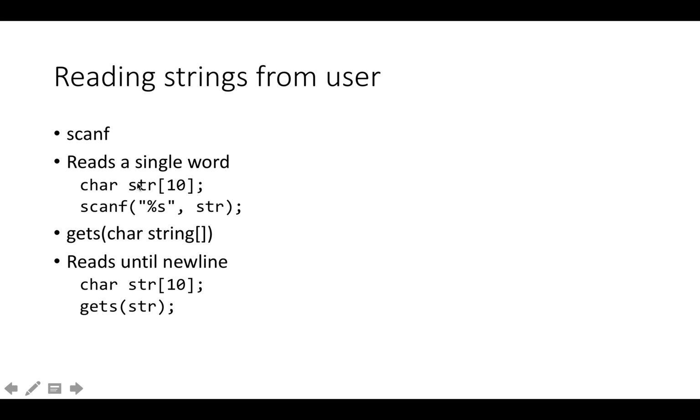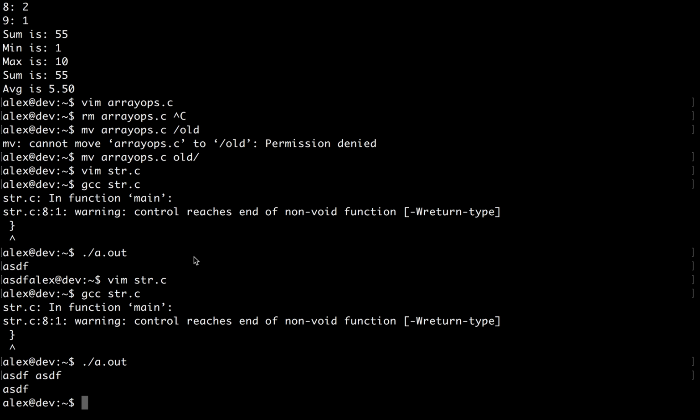All right. So one of the things we can actually do is read in an entire line. We can use the gets function to read all the way until a new line is encountered. So instead of just reading in one word, let's say we wanted to read in the entire line. So we want to read in all of this input instead of just that one word.